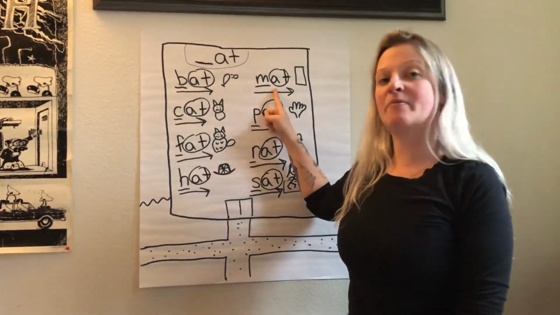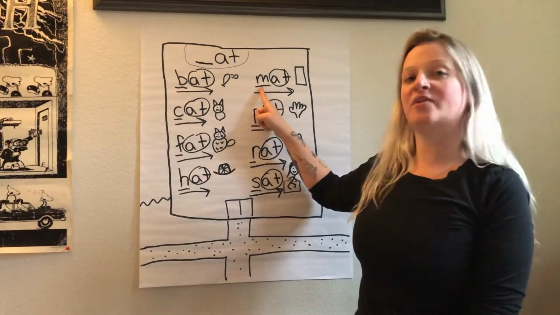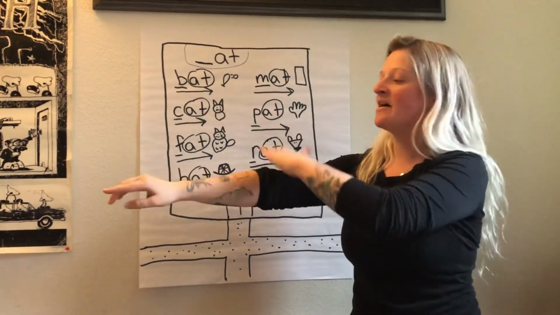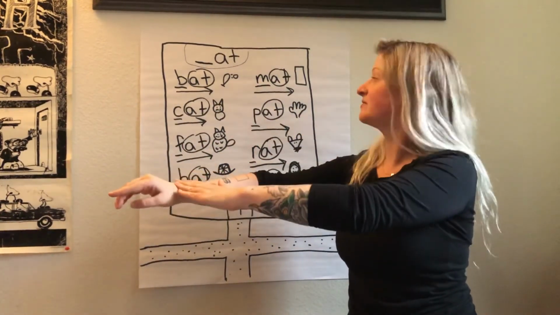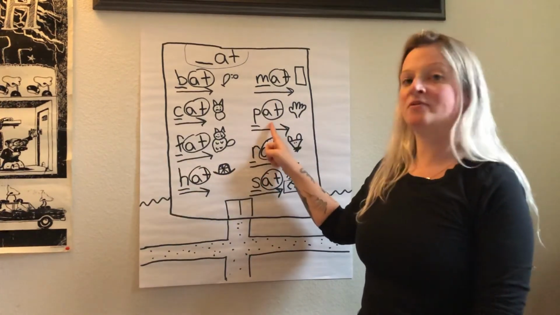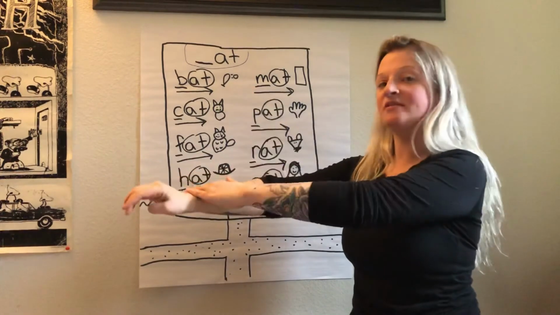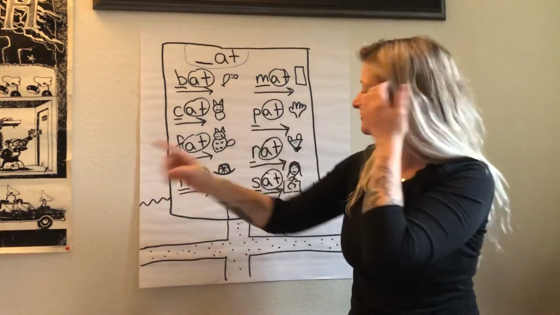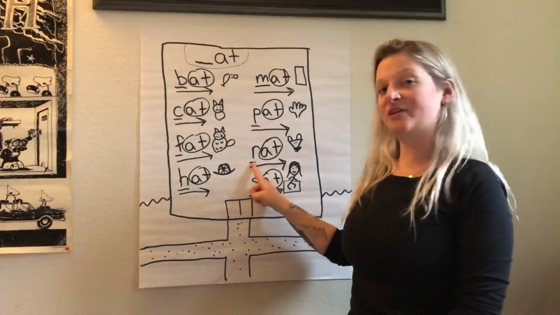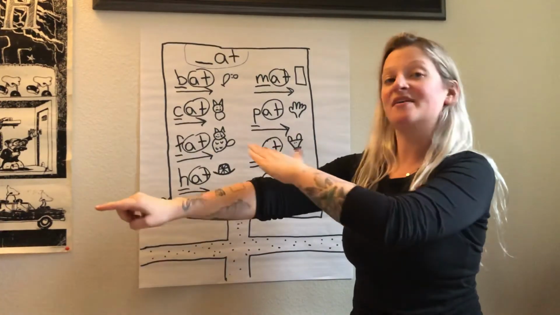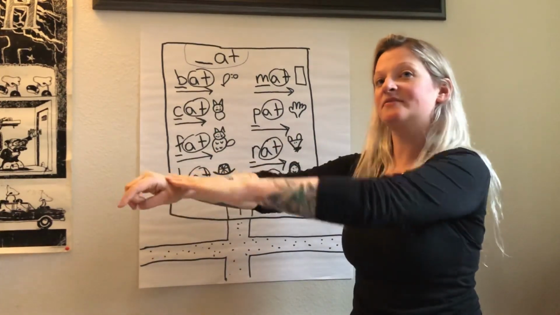Let's go up to the top of the apartment, starting right here. At. Mat. Let's go to the next, starting right here. At. Pat. Let's go one below, starting here. At. Rat.